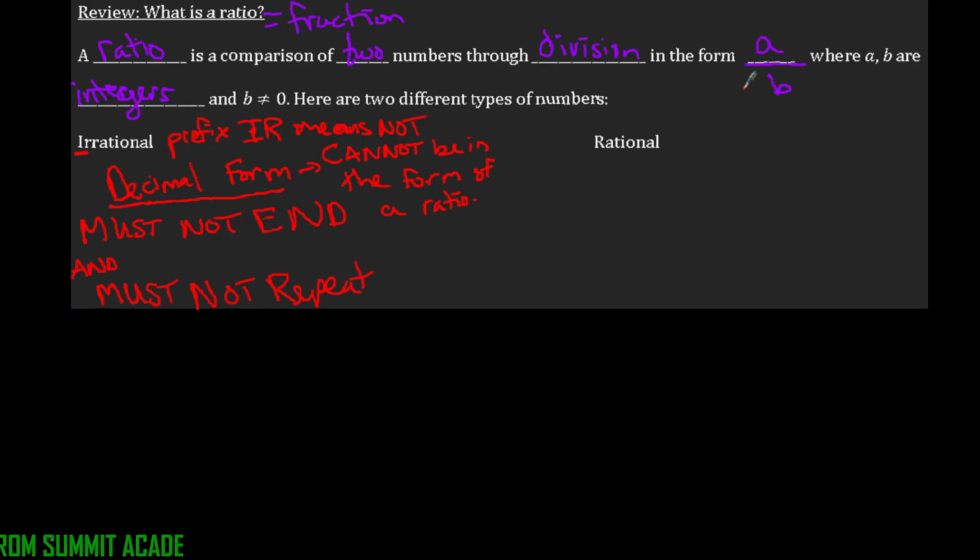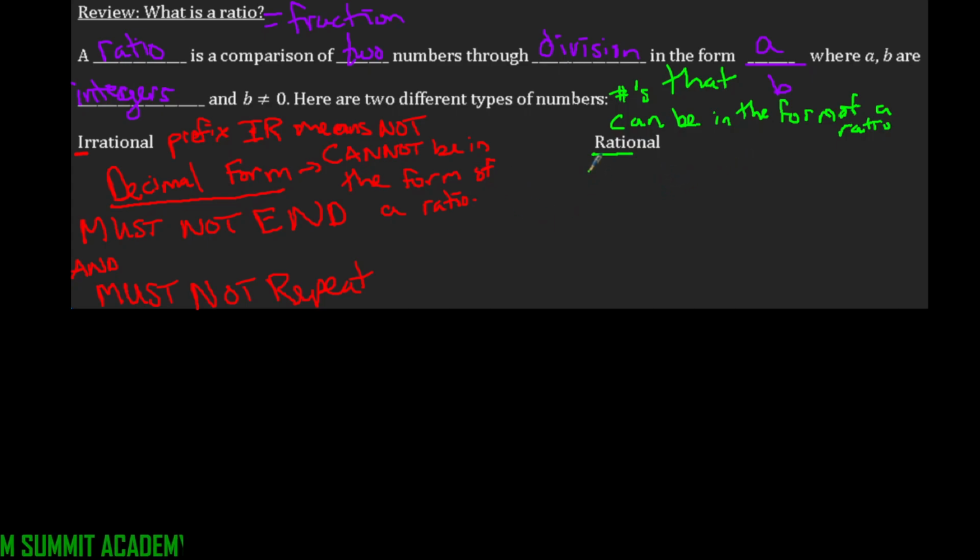So anytime you see a fraction, you know it's going to be rational. And a way to remember that is, hey, it starts with that word ratio. So we know it is going to be a fraction. So that means numbers that can be in the form of a ratio.